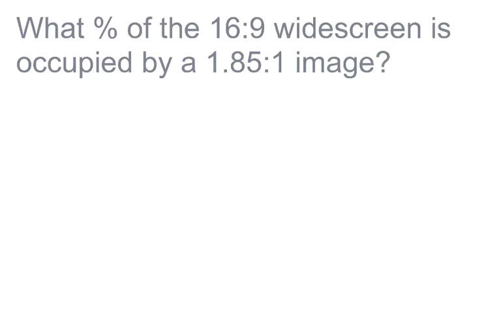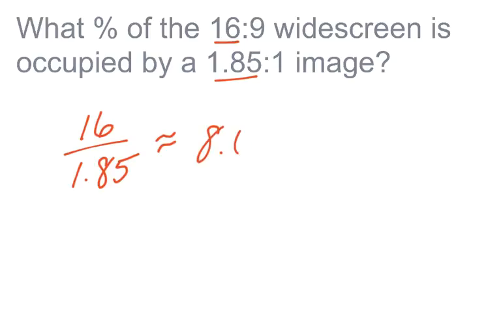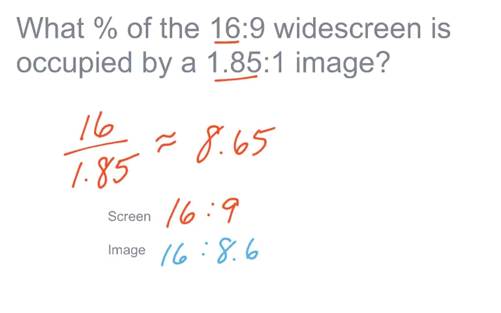You're going to have a similar question just with a different aspect ratio for the image, and so I'll show you how to do that real quick. So first you're going to do 16 divided by 1.85 and you'll get 8.65. So what that did is that told us that our screen was 16 by 9 and our image was 16 by 8.65.